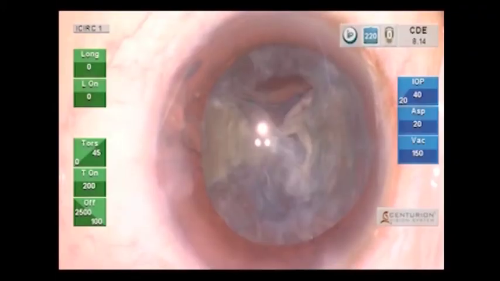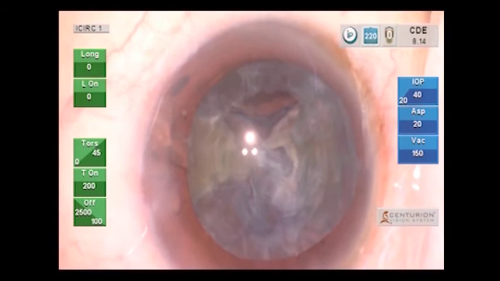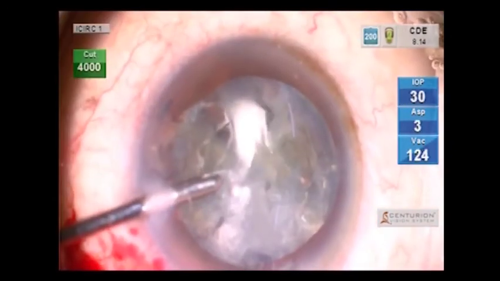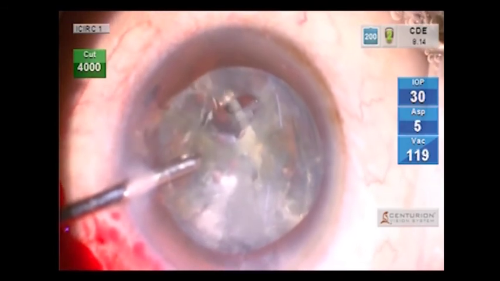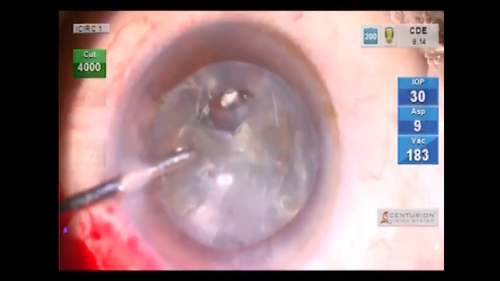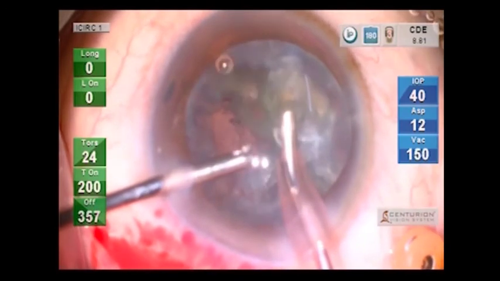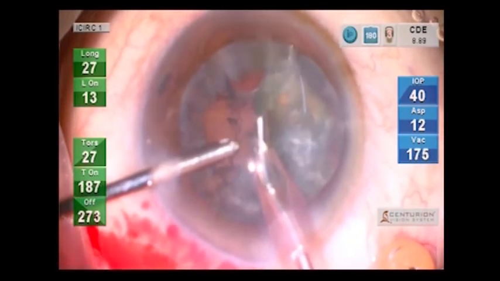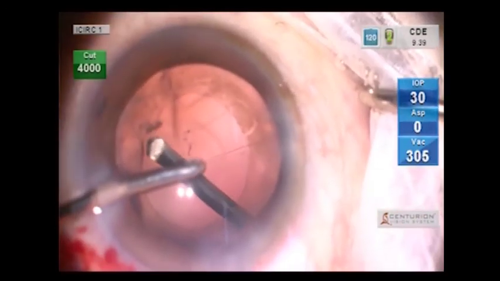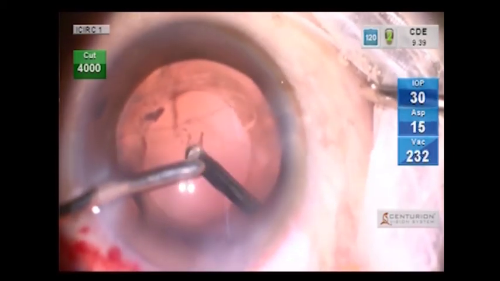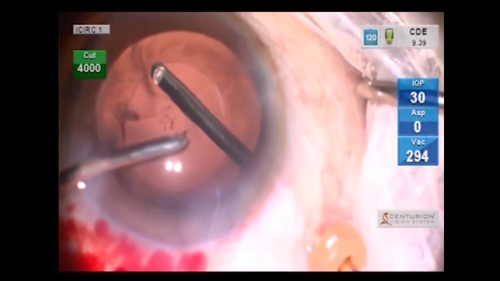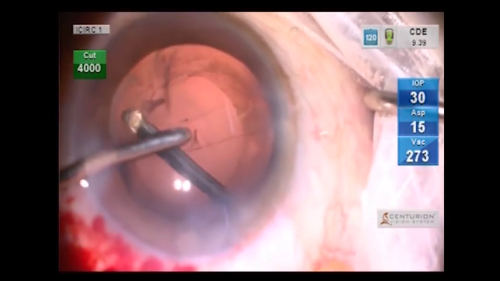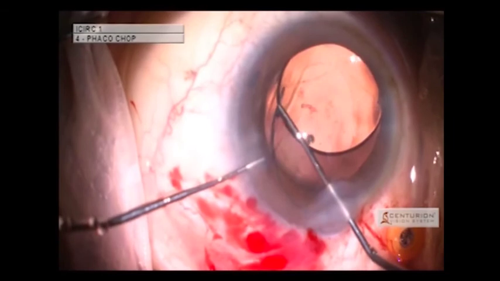Here's another case. We encountered a PCR early in the surgery. Pars plana vitrectomy removed the prolapsed vitreous from the anterior chamber. Lens removal was done with low parameters. Before implanting the IOL, we proceeded to circumferential vitreous removal, thus designing a symmetric scaffold for the IOL.